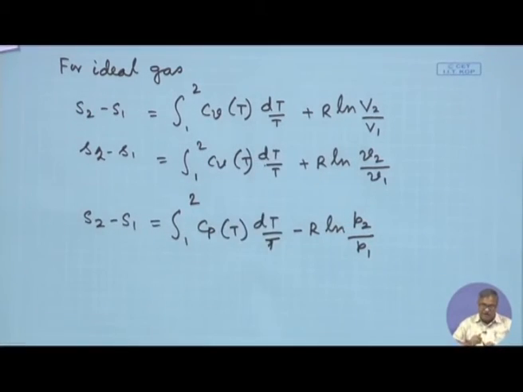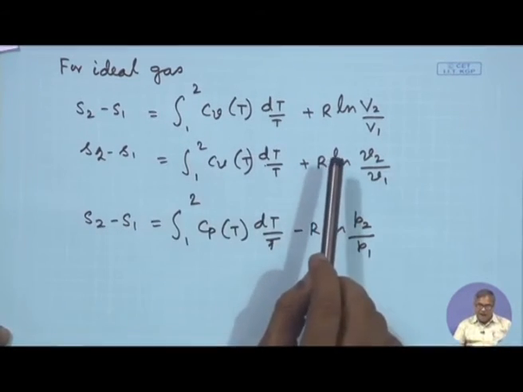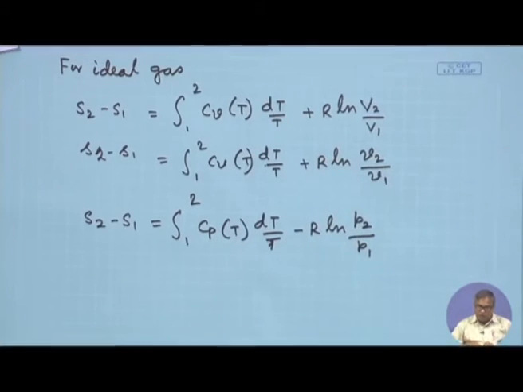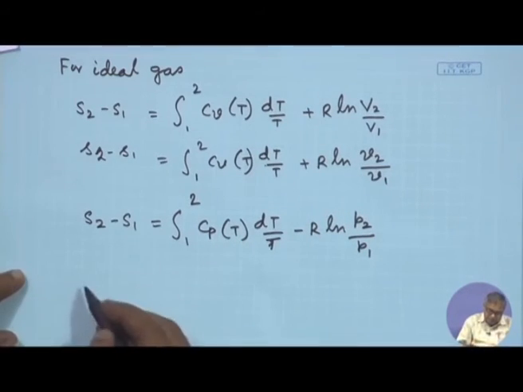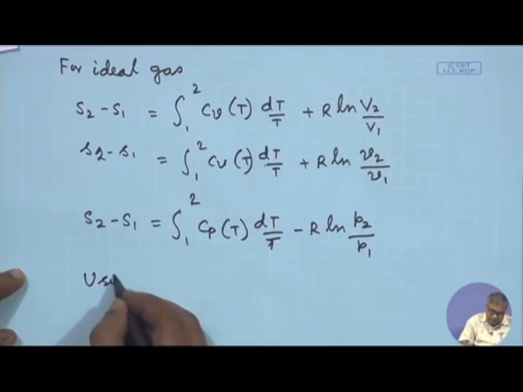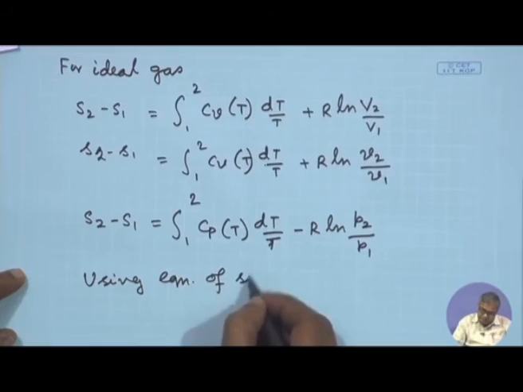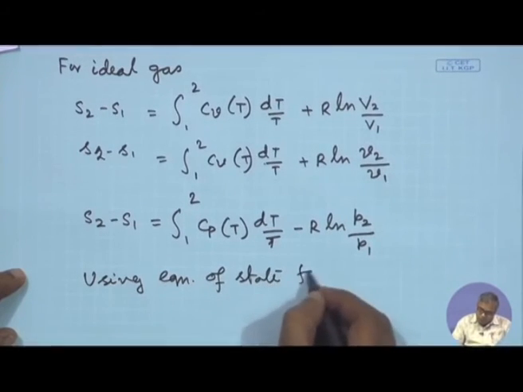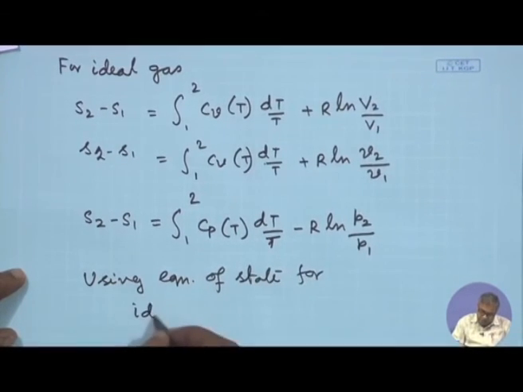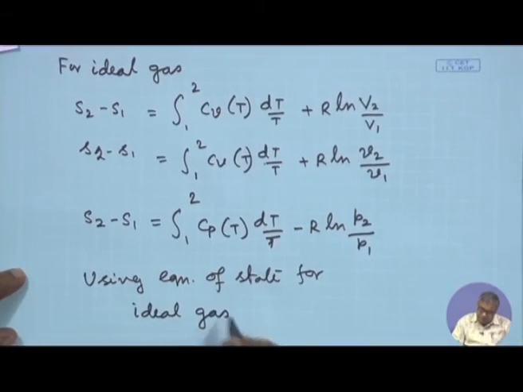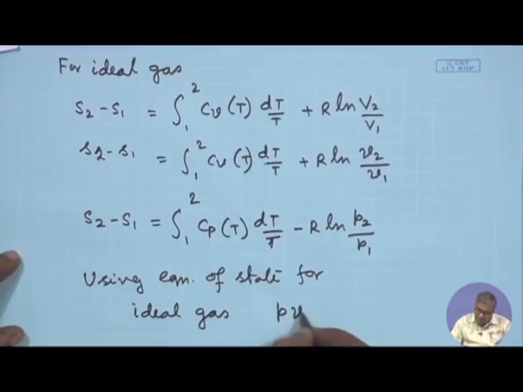As you can understand, when I derived this equation for ideal gas, I used the equation of state for ideal gas, which is nothing but Pv equals RT.